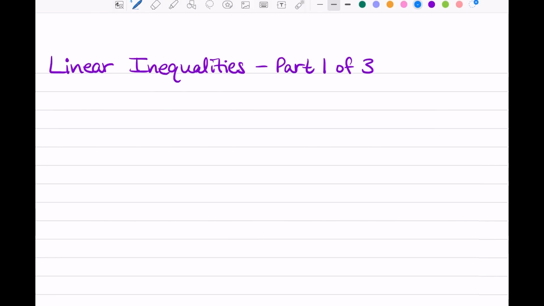Linear inequalities. These are inequalities that we visualize with a number line.